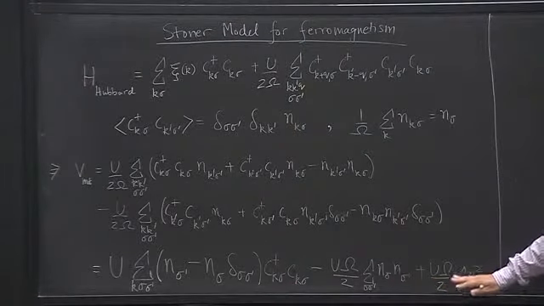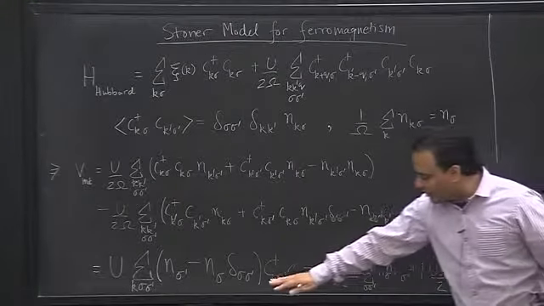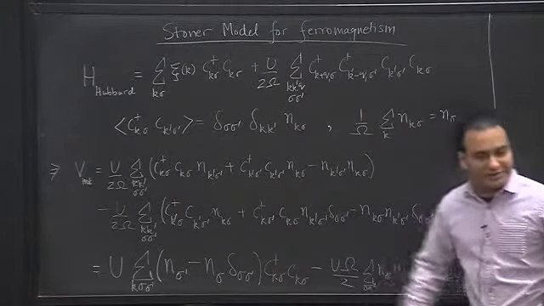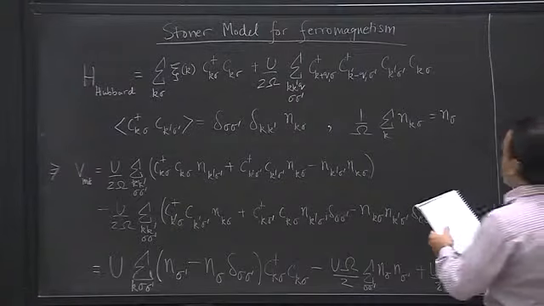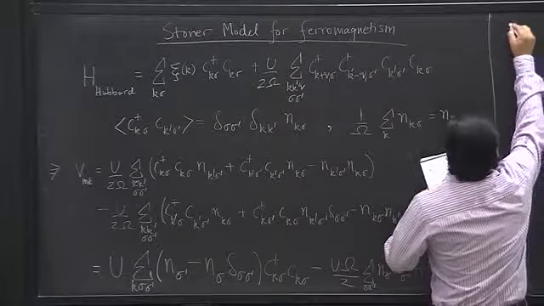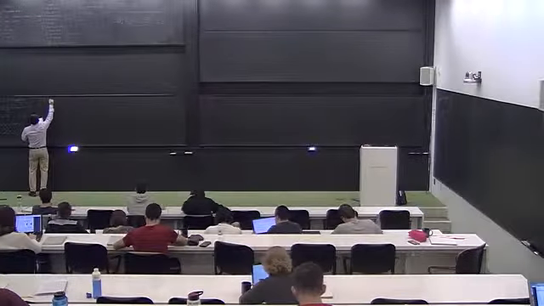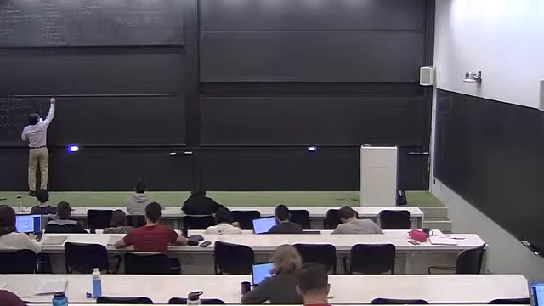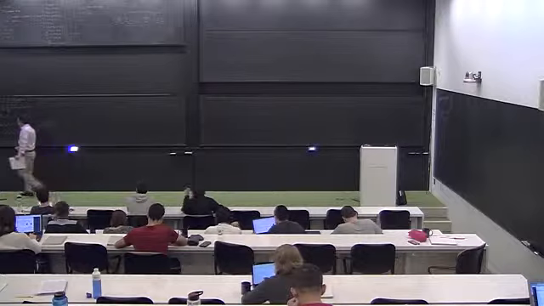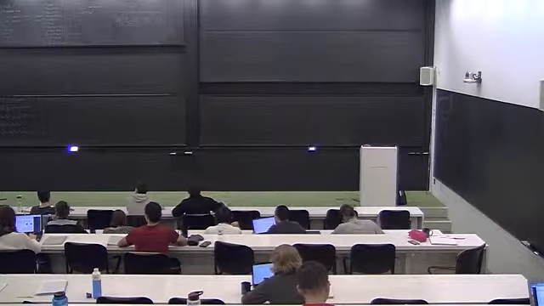We'll keep this for the moment, but we are only looking at the operator part of this equation. Let's set sigma equal to up spin. So when sigma is up, what does this term contribute?